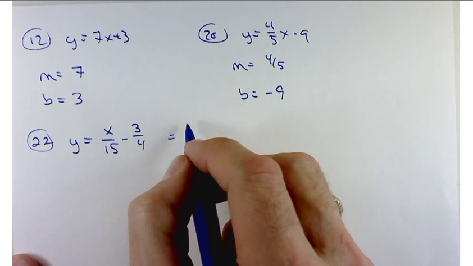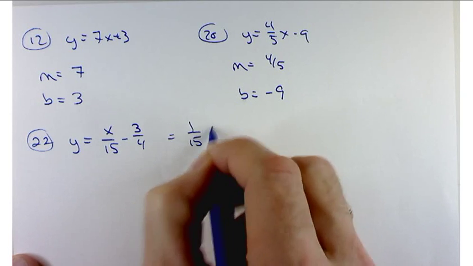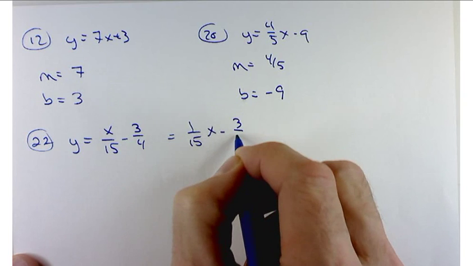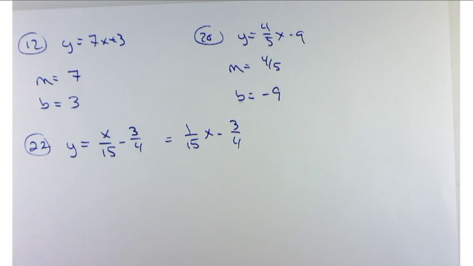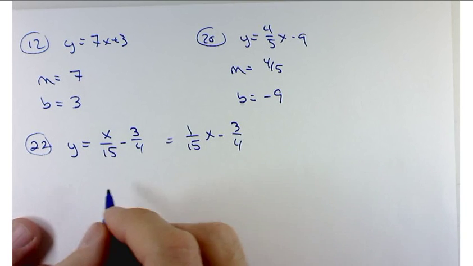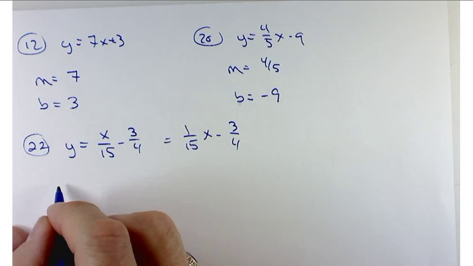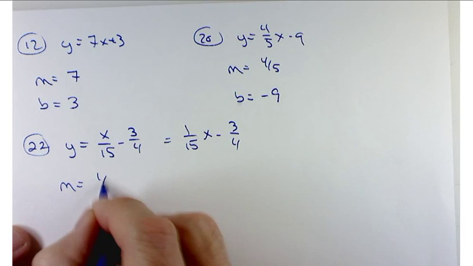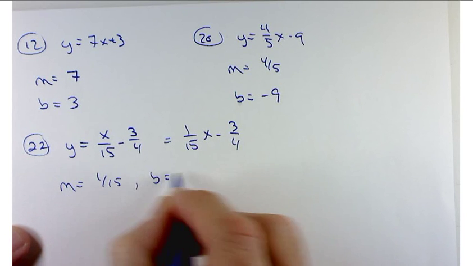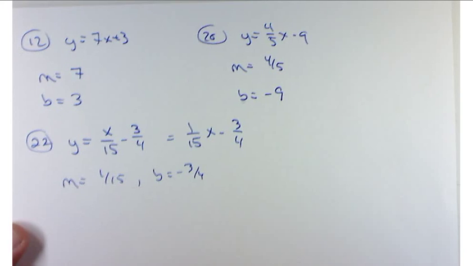You could write it, for instance, as 1/15 times x minus 3/4. Having written it like that, what's the slope and what's the intercept? Thank you. Slope is 1/15 and the intercept is negative 3/4. Cool.